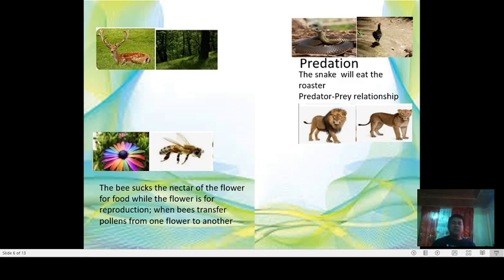When we say predator, this is an organism that is stronger or more powerful than its prey because they are the ones that eat the prey. While the prey is an organism that is being eaten by the predator.